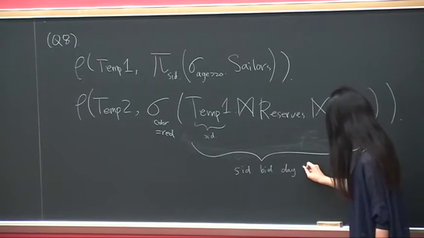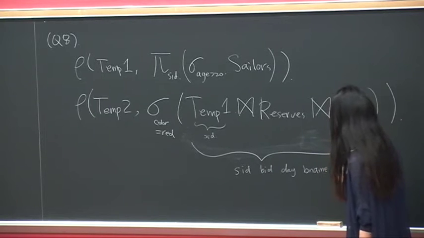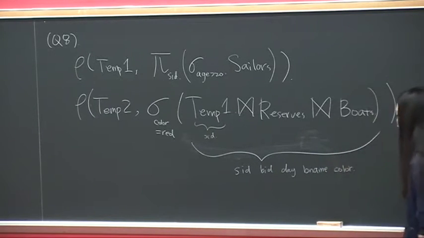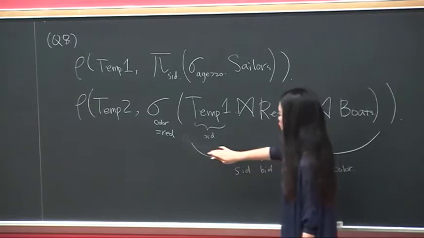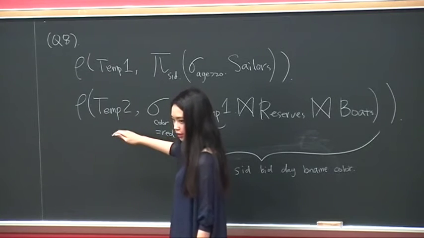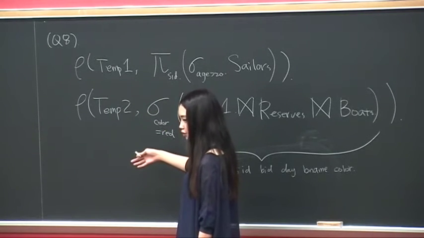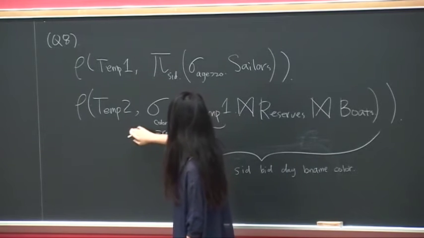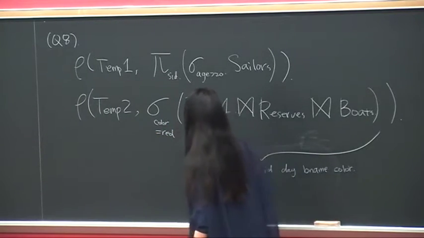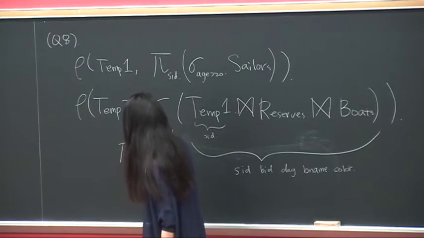We also have name and color. But let's say our goal is to have here storing just the SIDs of those sailors greater than 20 years old and who have also reserved red boats. It's another projection. Running out of space, but here, let's add a projection.